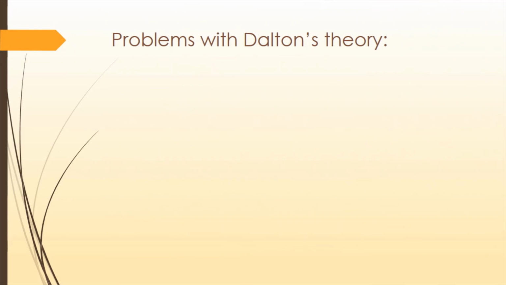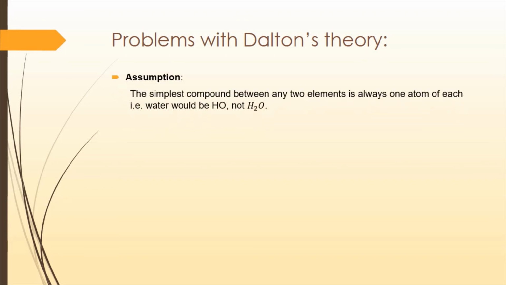Now, what are the problems with his theory? As we have seen, the formulas predicted by him were incorrect, and the reason behind this was his assumption that the simplest compound between any two elements is always one atom of each.